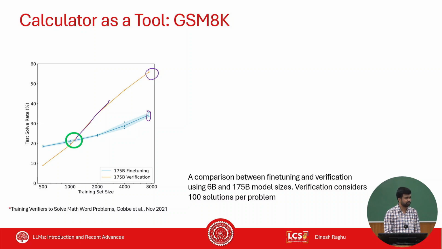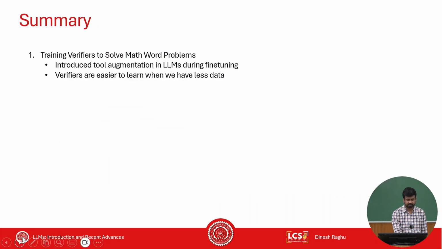So this was the first work that was done to showcase tool augmentation, and the two insights that came out of this paper are that using tools will help you improve your performance on certain specific tasks, and that if you have less data, then think of using verifiers rather than just fine-tuning the model.